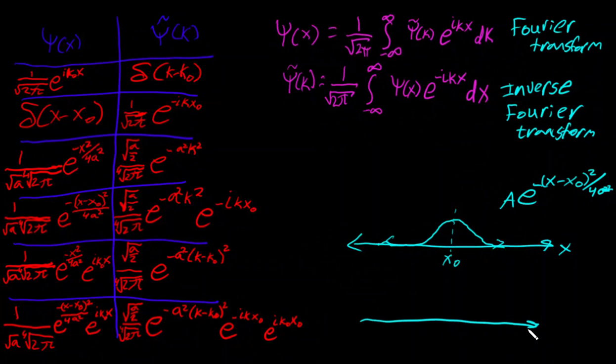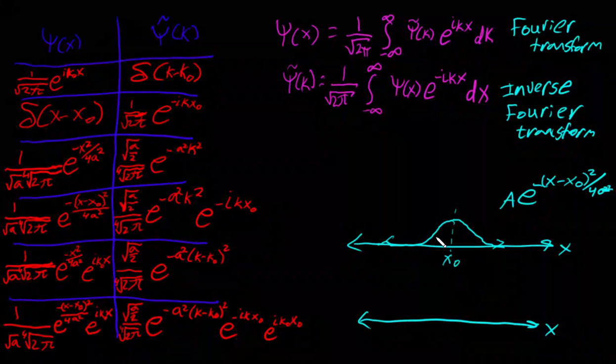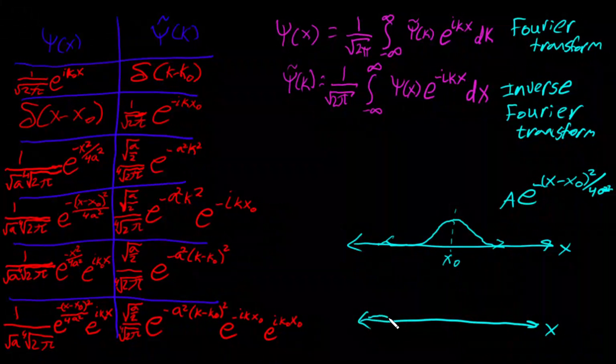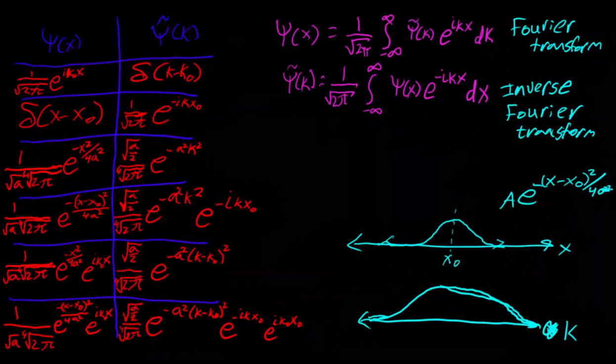In k-space, it turns out the Fourier transform of a Gaussian is also a Gaussian, right? But if this width is very small, the k-space Gaussian, again not drawn well, would be wider.